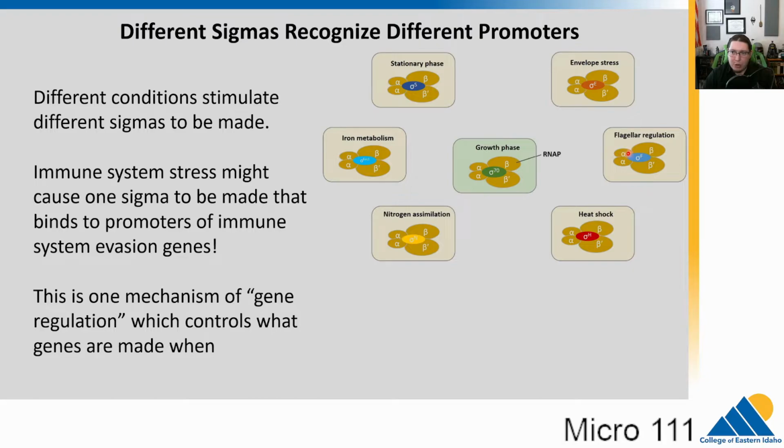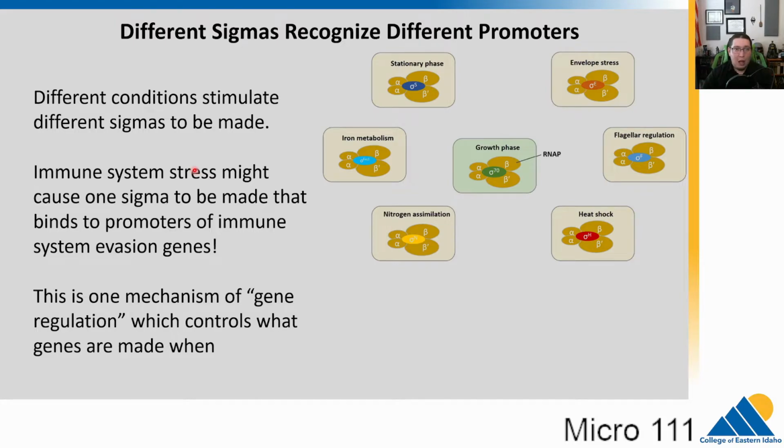When bacteria need to regulate their flagella, there's a sigma factor for that. When they experience heat stress, there's a sigma factor that goes out and finds genes that will respond to heat stress. When they need to assimilate nitrogen, right? So on and so forth. So there are different sigma factors that will find different genes for different conditions.